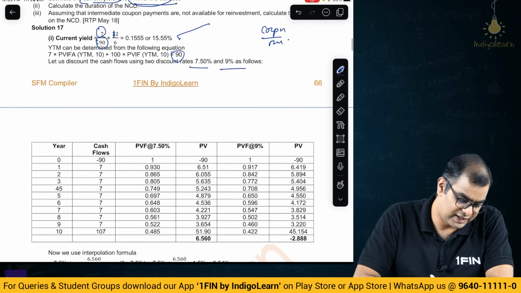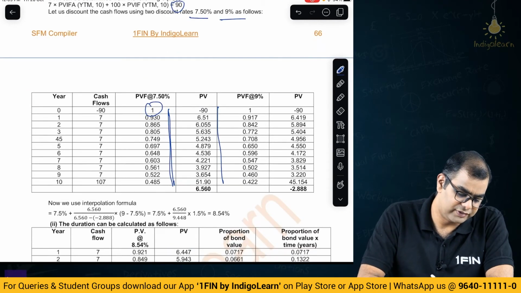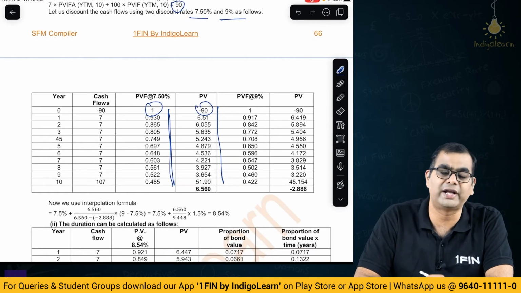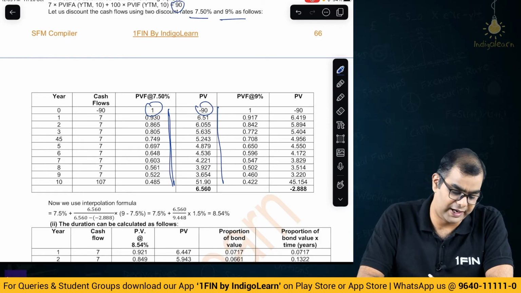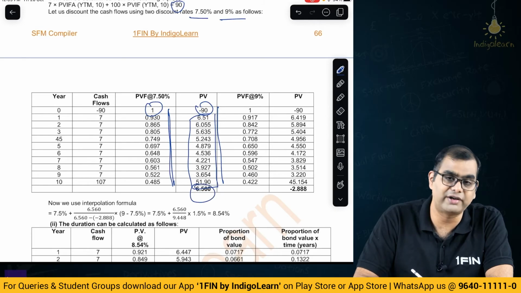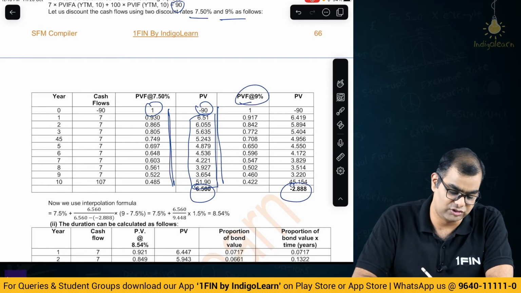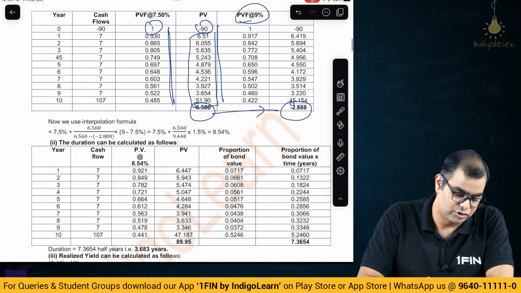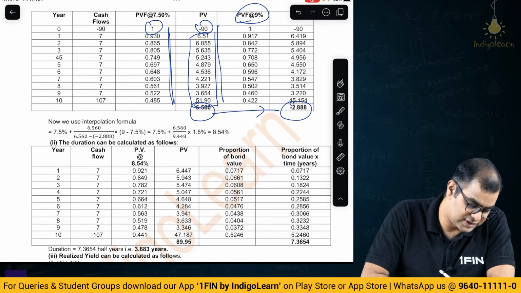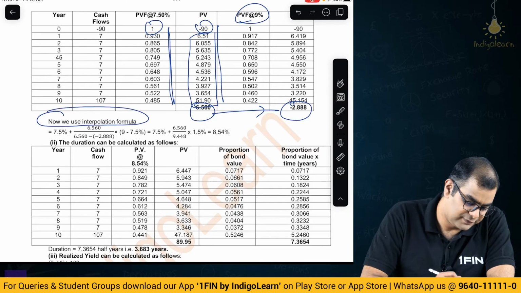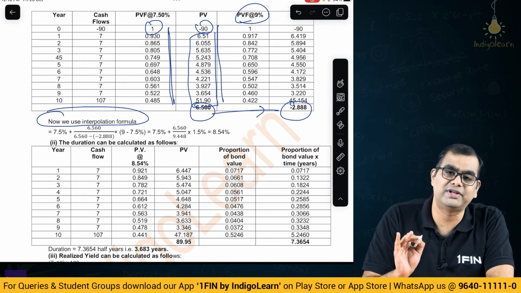So if you take 7.5 as the yield, if you take minus 90 as the outflow and all the subsequent future payments as inflows, you get NPV as 6.56. Same way, when you do it at 9%, you get minus 2.888. So it lies somewhere between these two. So you do the interpolation exercise. What is the interpolation exercise? You have to make the desired NPV as 0.